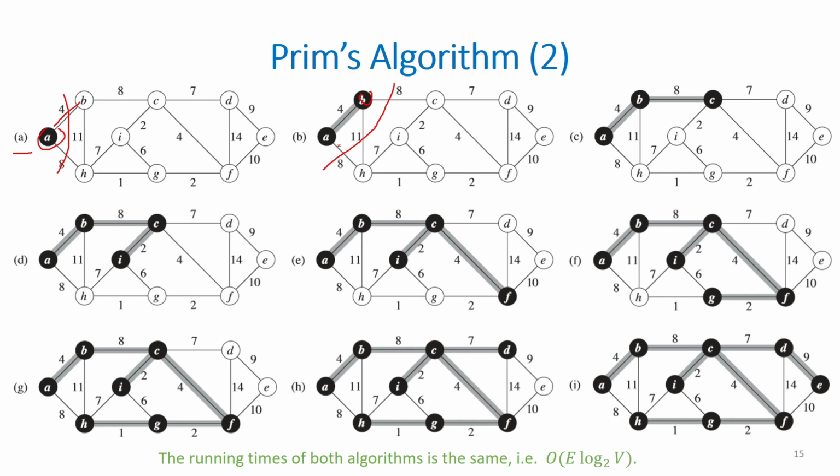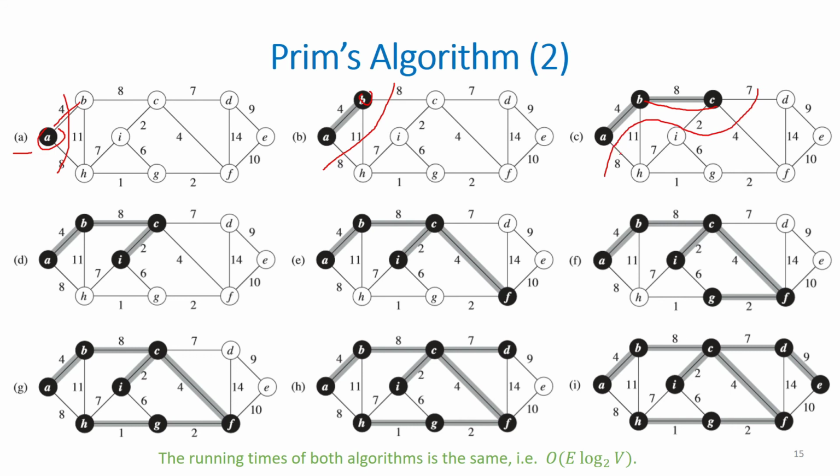Now we have three edges that cross this cut, AH, BH, and BC. Among these three, AH and BC have the same weight of 8, so we can choose any one randomly. In this example, we choose BC. So we highlight BC and we make the vertex C dark. Now we have a new cut, which would be this.